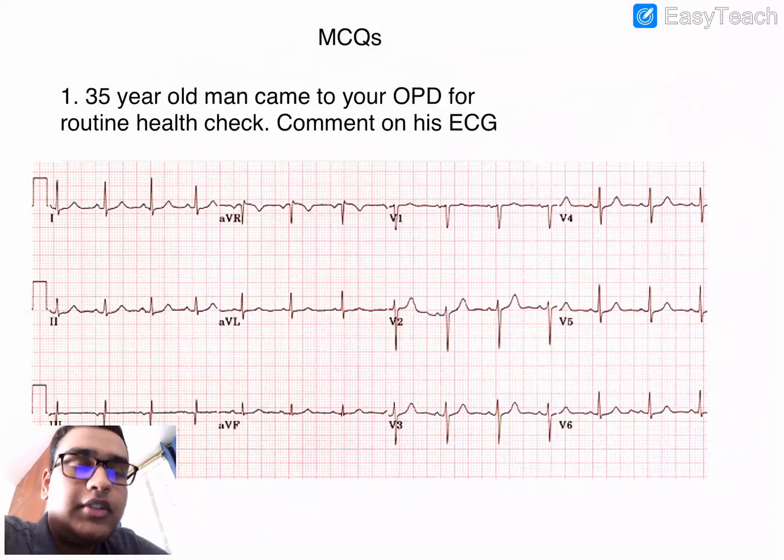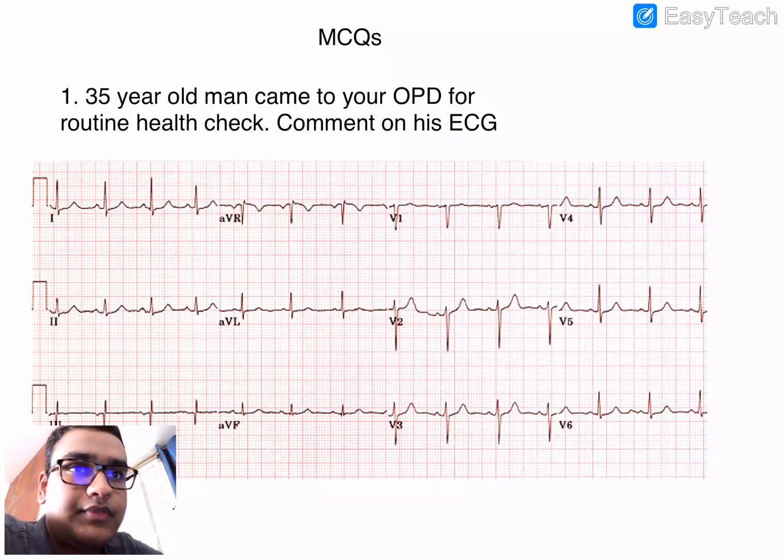Now we'll discuss certain MCQs regarding ECG. Before you start solving these MCQs, I'll give you certain tips on how you should go about reading them. The first point you have to look at is calibration.